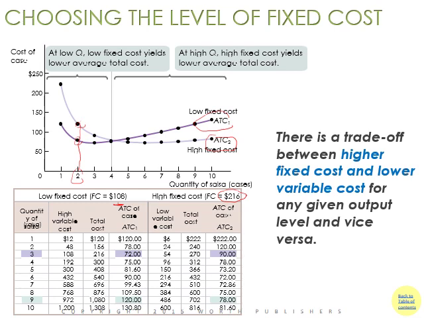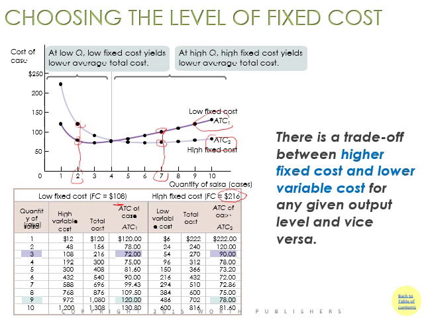Okay, then if your output is beyond a certain point, say 7 units of output, your average is greater for the small plant than it is for the big plant, because you've been able to spread your fixed costs out over more output, and because you have a bigger plant, the productivity of your variable inputs is going to be higher.